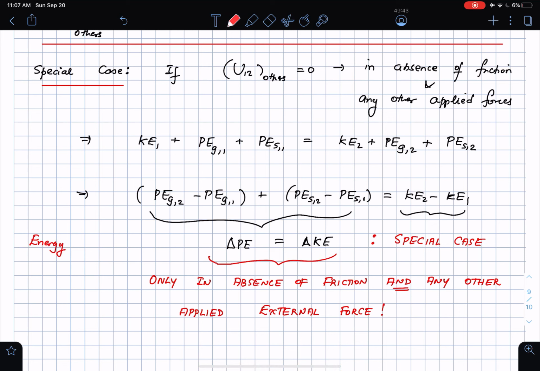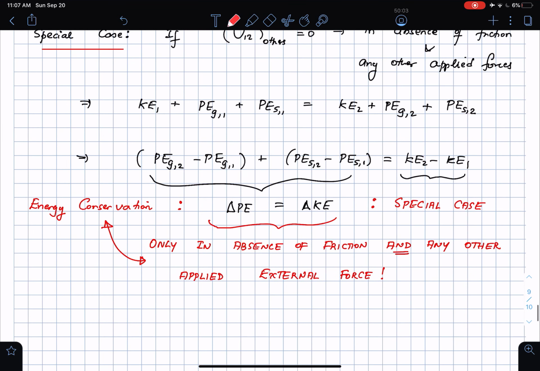If you have friction, or if you have any other applied force, even in the absence of friction, this is not going to hold true.